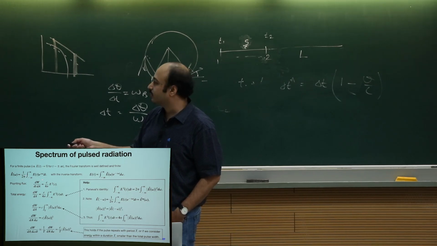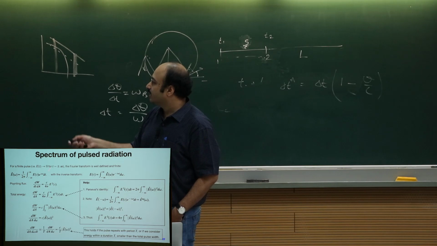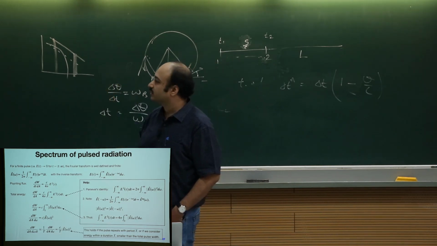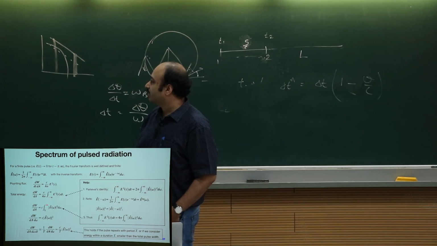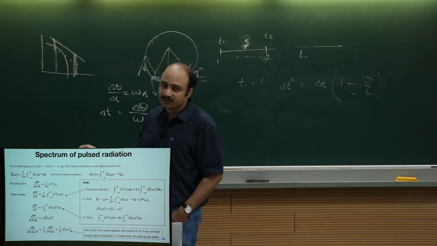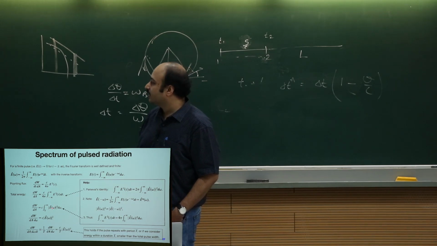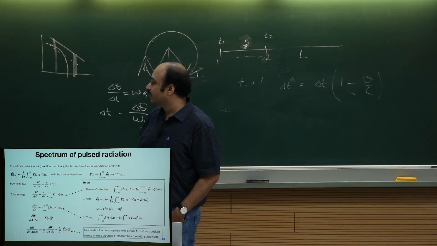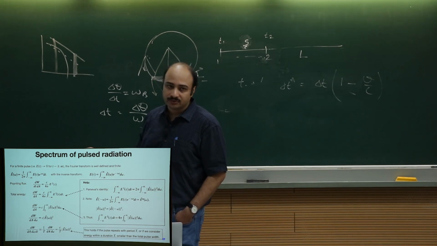Again, this is something that we know. Then we integrate over the total time, because we want to find the total energy within this pulse width. This now you can replace with the Fourier transform using Parseval's identity. And again, you divide it by the frequency, then the spectrum, energy per unit frequency, becomes proportional to the magnitude of the Fourier transform.